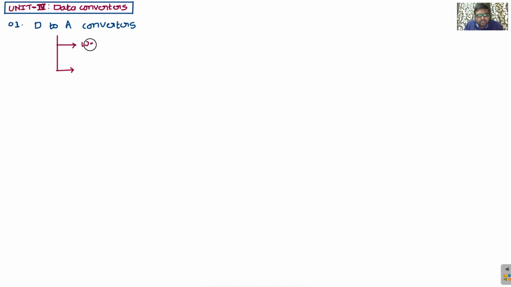First one, weighted resistor type D to A converter.